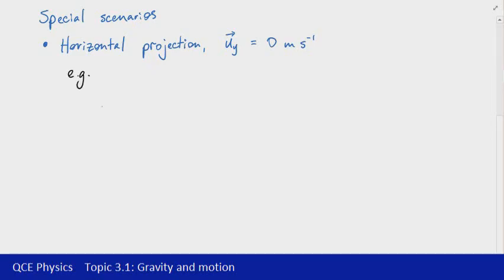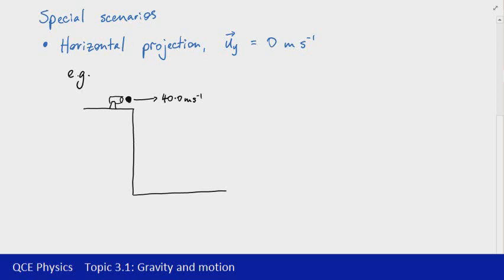The scenario that we're going to deal with here: we'll have a cliff, and at the top of that cliff we'll have a cannon, and that cannon is going to fire a cannonball with a velocity of 40 meters per second horizontally.